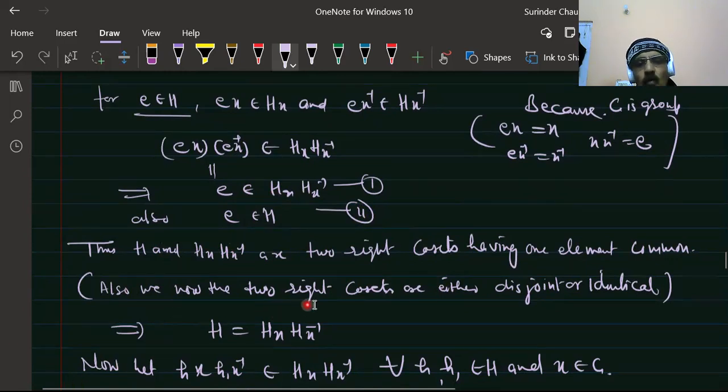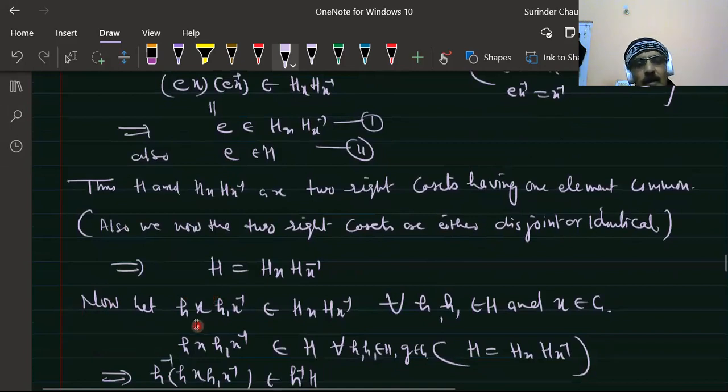Also, we know that two right cosets are either disjoint or identical. Therefore, since they have one element common, they are not disjoint. Therefore they are identical, meaning H is equal to Hx inverse.